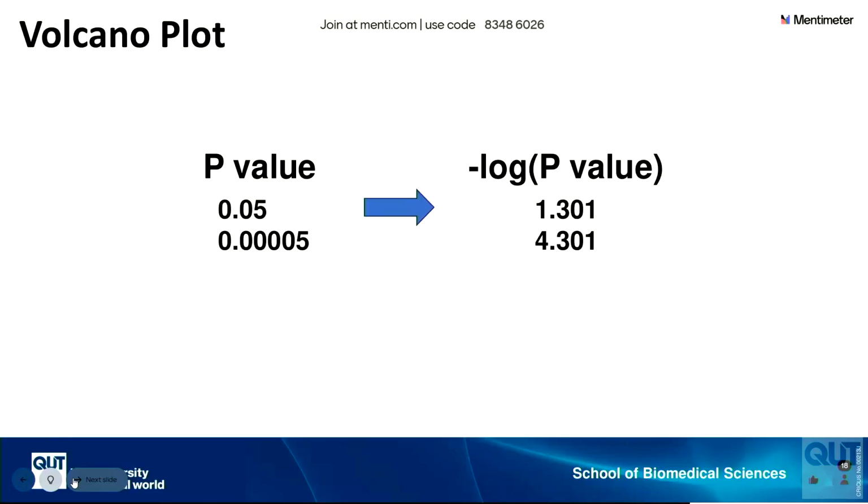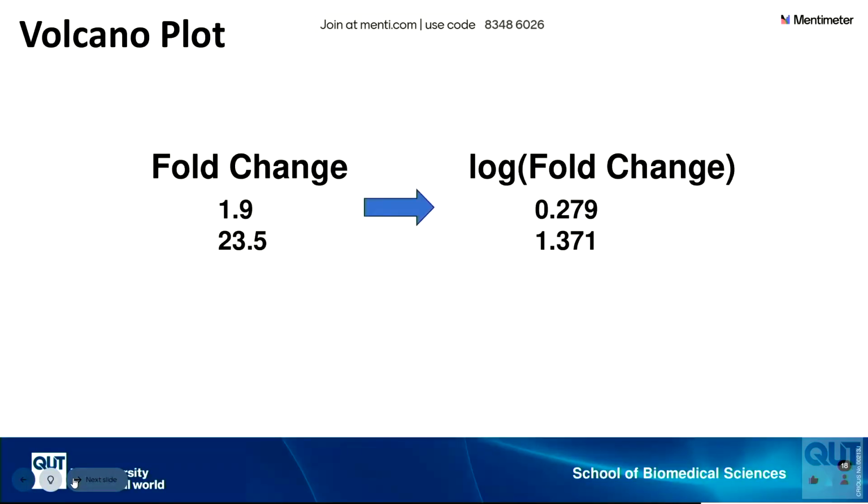And if you're doing that for your p-values, you also do the fold change and take the log of your fold change, the fold change meaning how different they are between the two different cell types. If you don't remember, sometimes the fold change can get really big, like in the thousands, and you might also have some fold changes being down at 2, right?